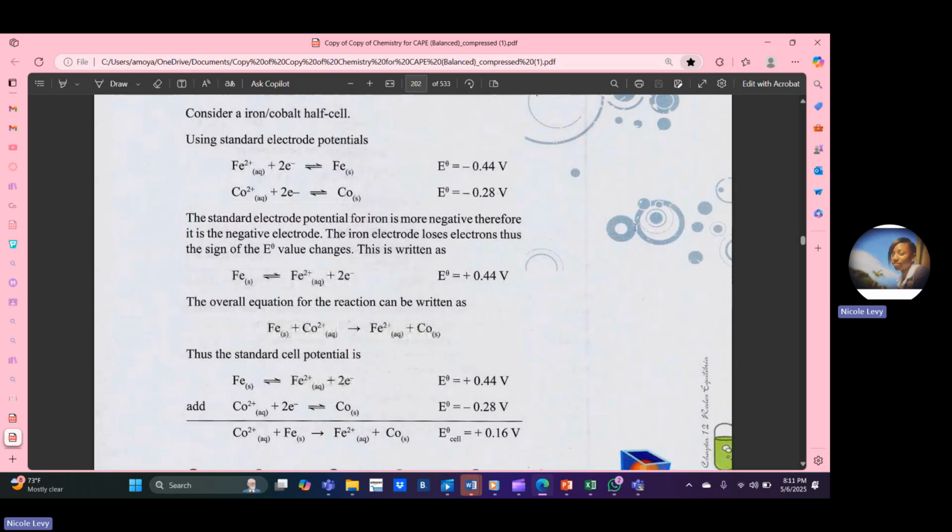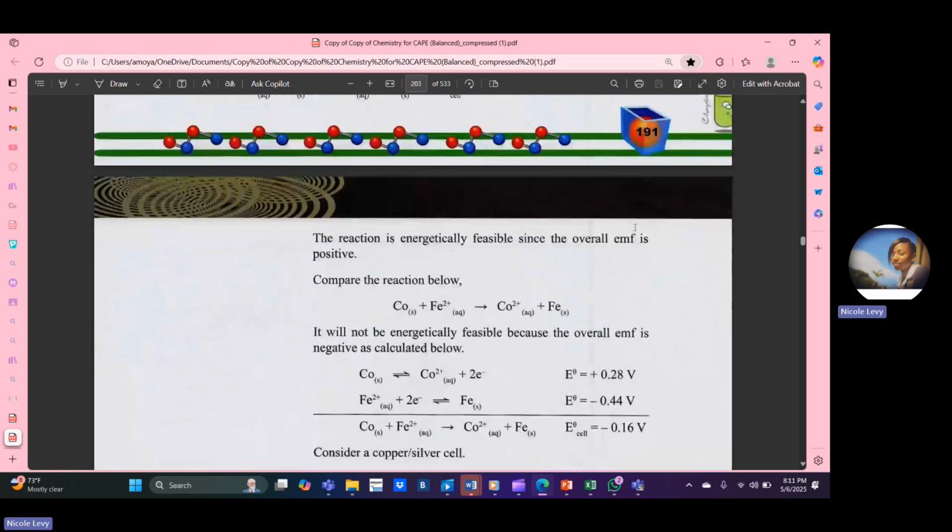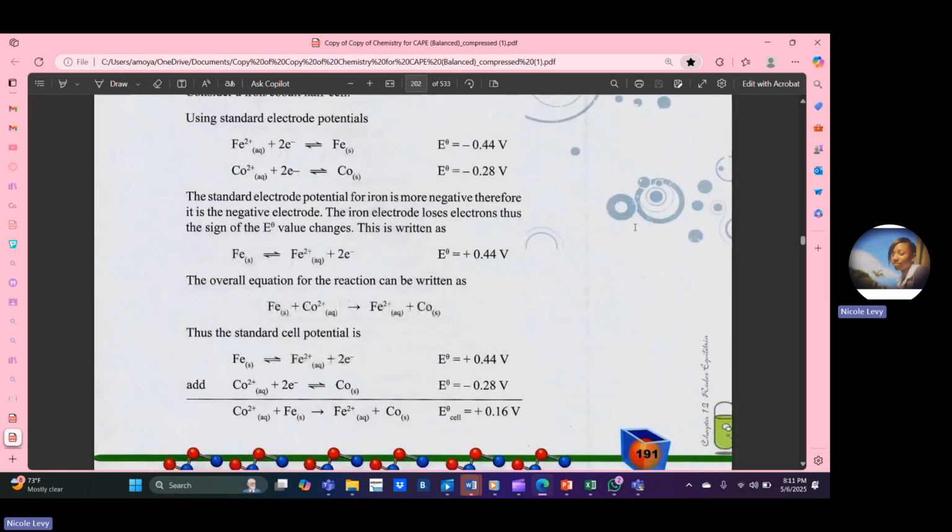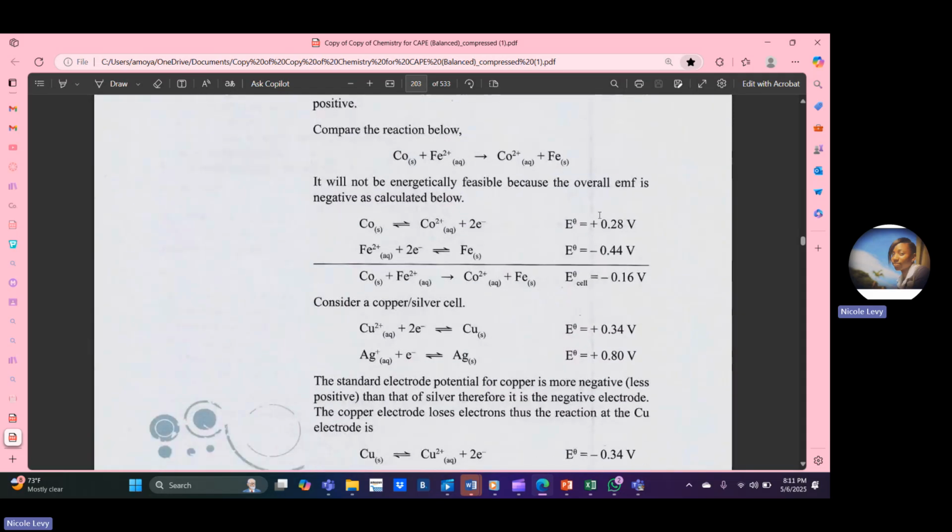Remember, both of the values were negative first, and then we flipped one for it to become positive. In this case, they gave us positive for the cobalt and negative for the iron.